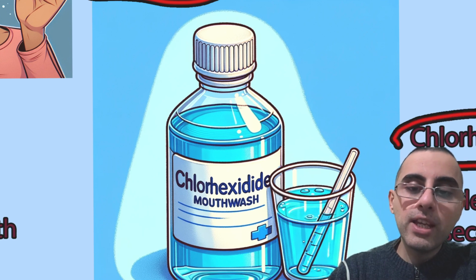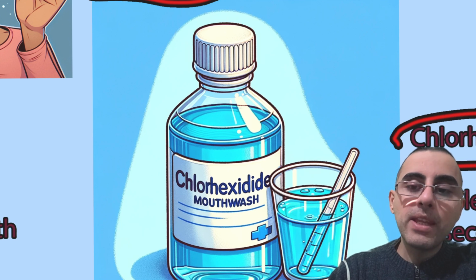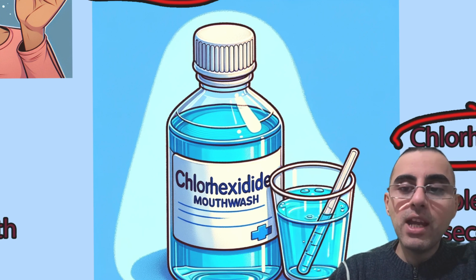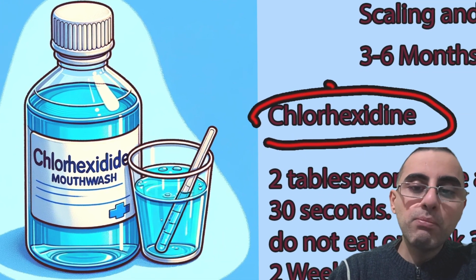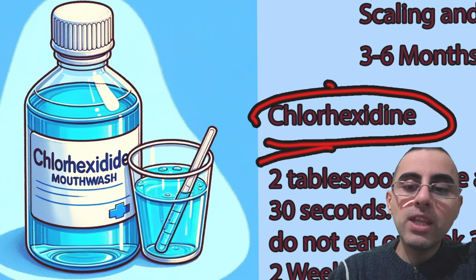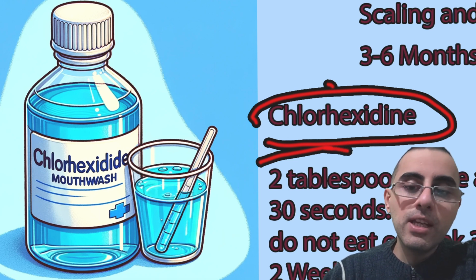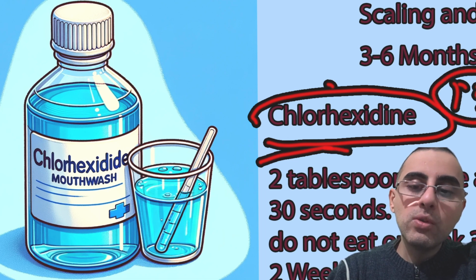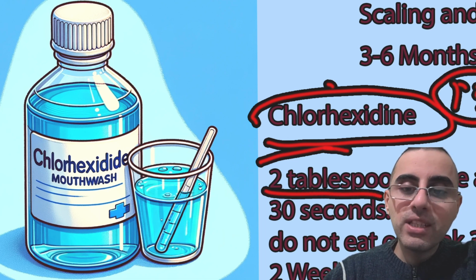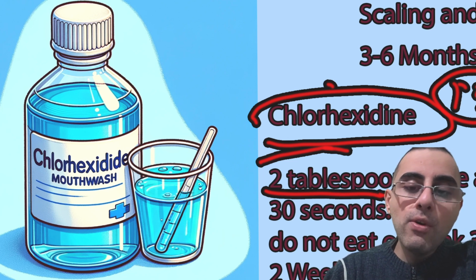Use of chlorhexidine is effective because it's effective against a wide range of types of bacteria, and best practice here is to rinse with 2 tablespoons of chlorhexidine, around 50 milliliters. It's 2 tablespoons twice a day, for 30 seconds.